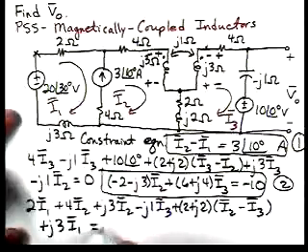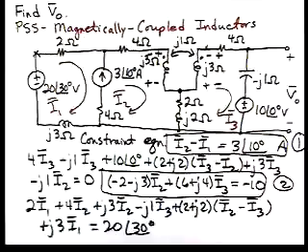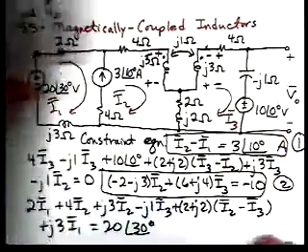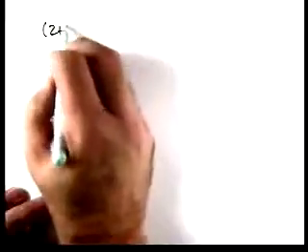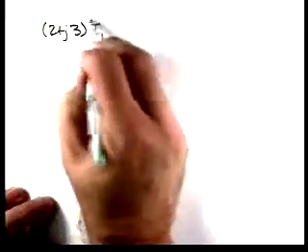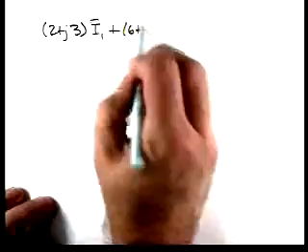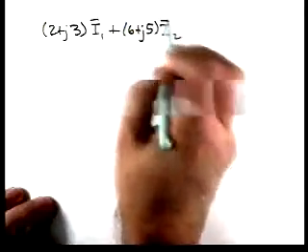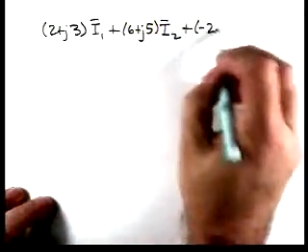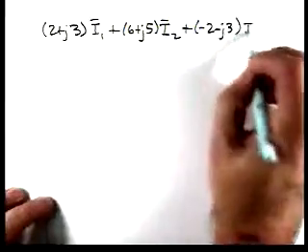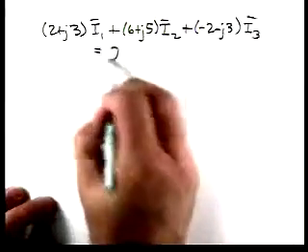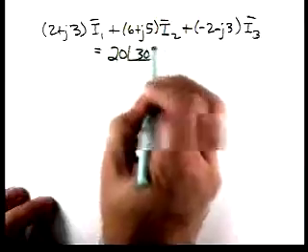And that's equal to 20 at an angle of 30. Now, if we simplify that equation, it'll become 2 plus J3 I1 plus 6 plus J5 I2 plus minus 2 minus J3 I3 equal 20 at an angle of 30.